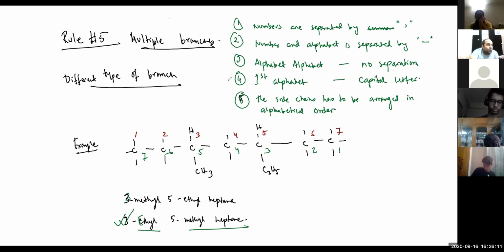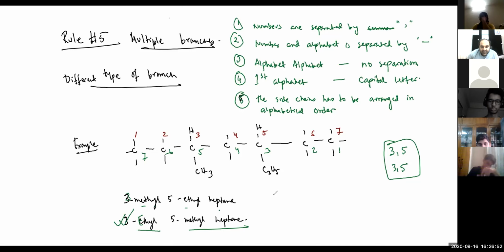ফার্স্টে তোমার লোকেন্ট রুলটা is more important. ফার্স্টে লোকেন্ট রুল, তোমার কম্বিনেশন কি? একটা হলো 3 5, 3 5, দুইটারই কম্বিনেশন 3 5, তার মানে লোকেন্ট রুল ফেল করলো। তারপর তুমি কি দেখবা? তুমি দেখবা যে alphabetical order, 3 methyl 5 ethyl, 3 ethyl 5 methyl.